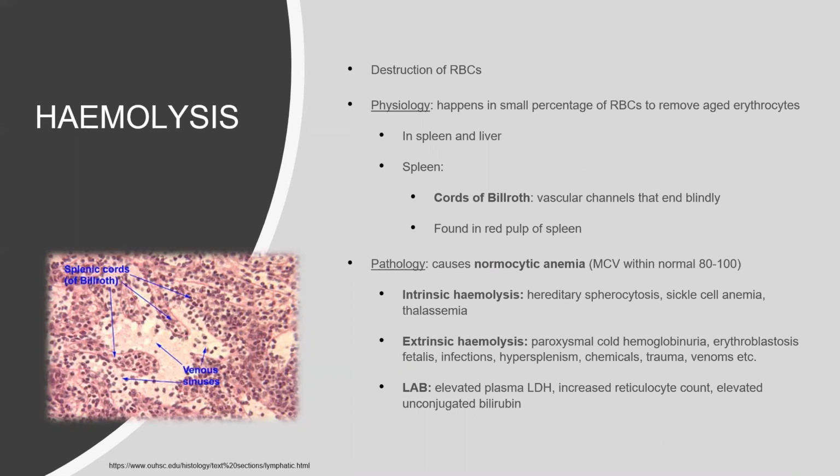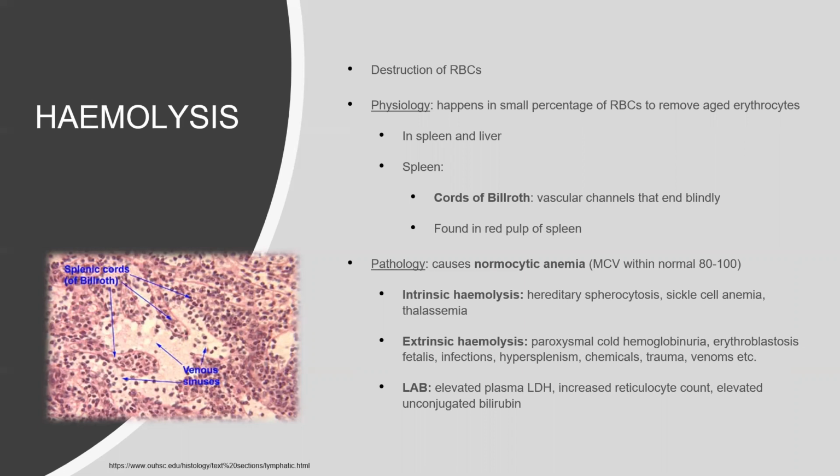Why is it so? Because the capacity of the liver is exhausted, so it cannot convert all bilirubin to the conjugated form. So we've got elevated unconjugated bilirubin. Then we have an increased reticulocyte count because the bone marrow reacts properly. And the last but not the least, we have elevated plasma LDH.